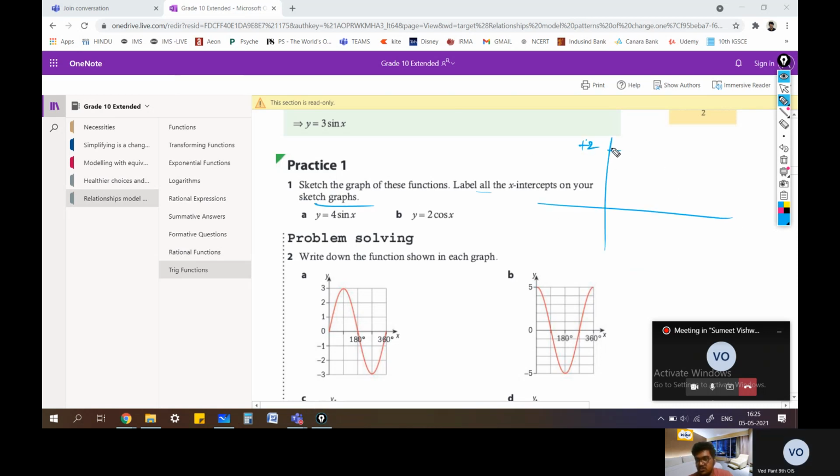You start from +2, then it will end at 90 degrees, then at 180 it will be -2, then at 270 it will end again, then at 360 it will be +2, like that. So the x-intercepts are at 90 and 270.